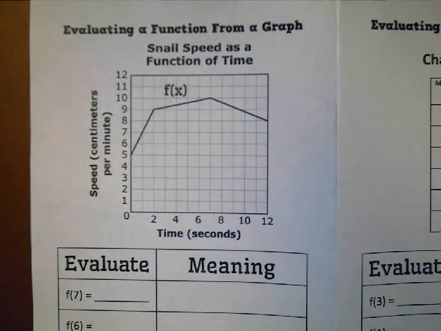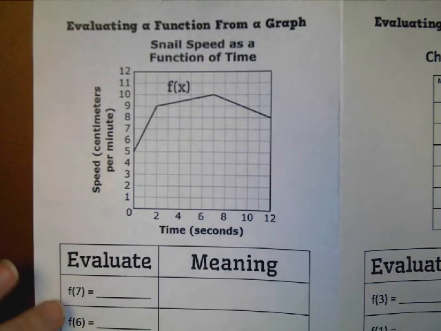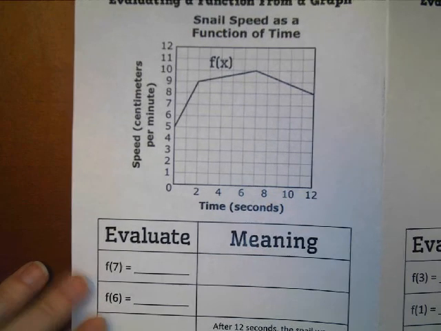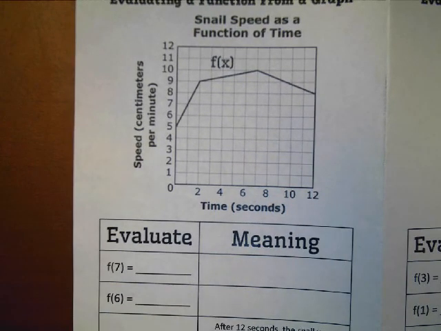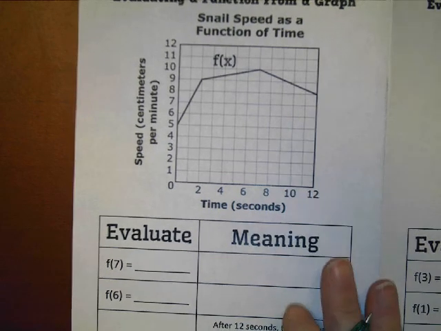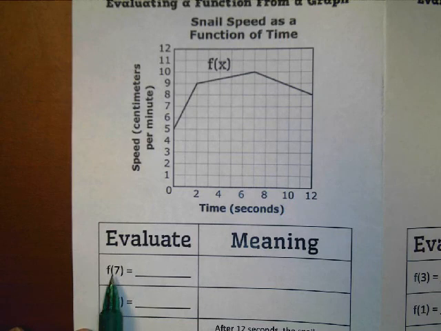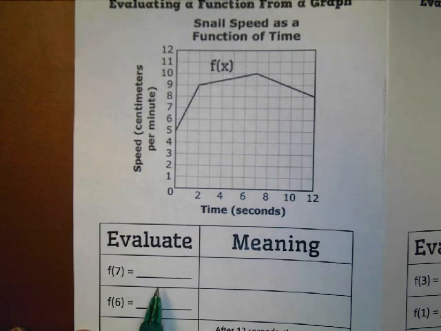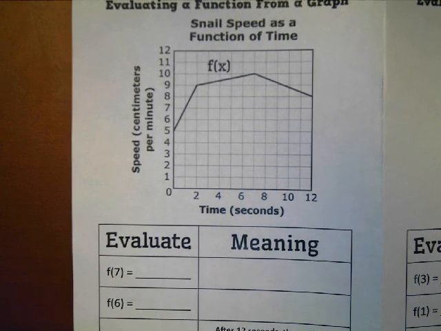Yeah? Okay, so we've already talked about using an equation to evaluate a function. Now, can we do the same with a graph? Remember that I told you that f of x and y are interchangeable, but f of x is a little bit better because it tells you the ordered pair, right? So how will I find f of 7 equals, how do I figure that out?